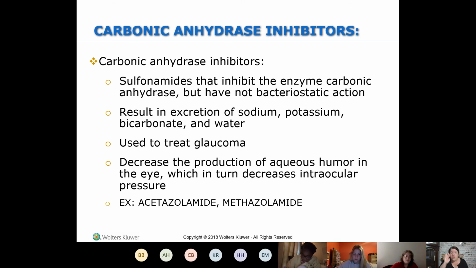So carbonic anhydrase inhibitors are going to be used to treat glaucoma. They're going to decrease the production. So they work differently because they're not working with the kidneys and the tubules like our other diuretics were. They decrease the production of aqueous humor in the eye, which in turn decreases intraocular pressure.